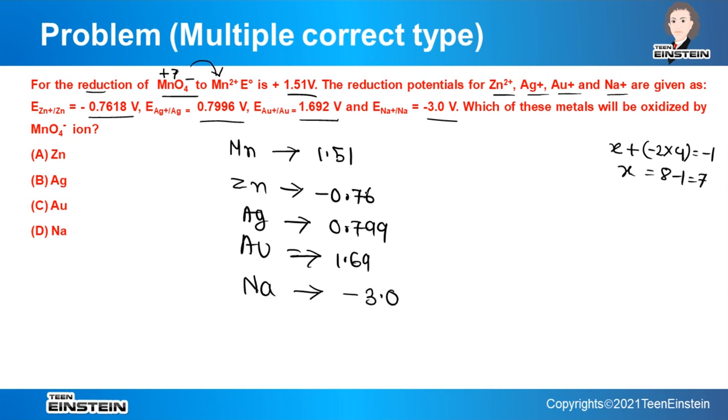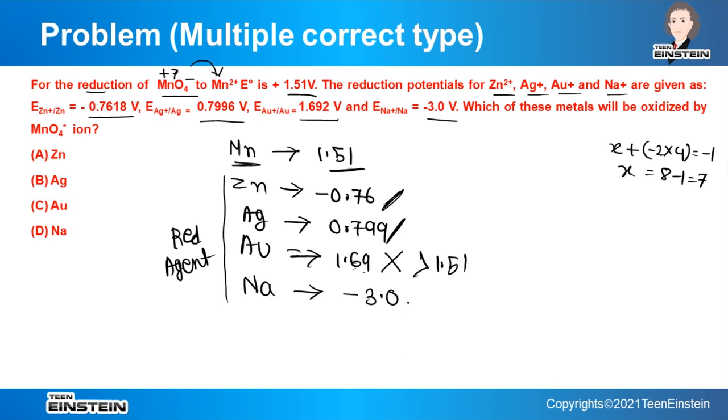Now look at the values. MnO4 minus is acting as the oxidizing agent and all these have to act as reducing agents. So to act as a reducing agent, it must have a lesser value compared to 1.51. Among these 4 systems, in which cases do we have a lesser value? We have a lesser value in the case of zinc and silver, not gold. Gold is greater than 1.51.